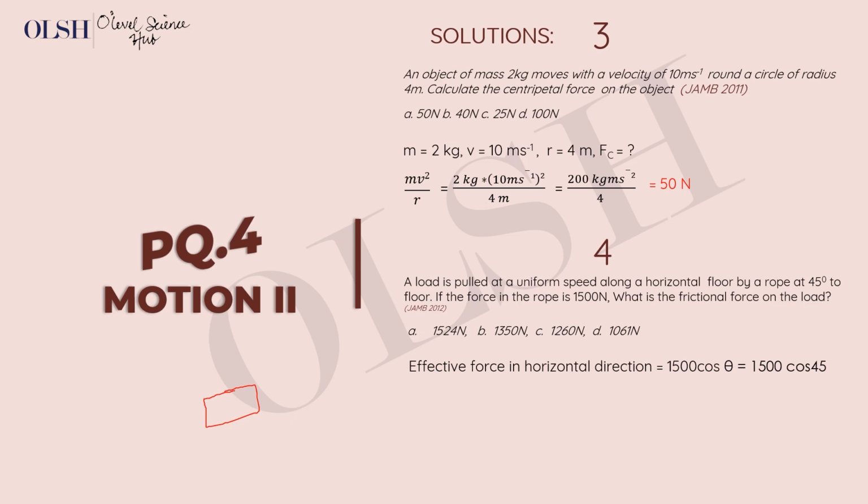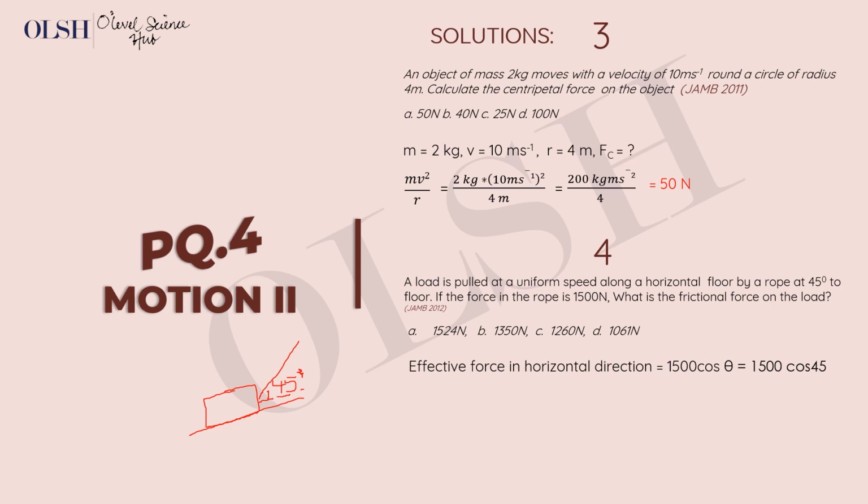Let's assume this is our horizontal ground. Sorry, I slanted it, but let's assume that's the horizontal ground. And this rope is being pulled at 45 degrees to the ground. So let's say that's still a projection of the horizontal ground. So the angle here is 45 degrees, right?